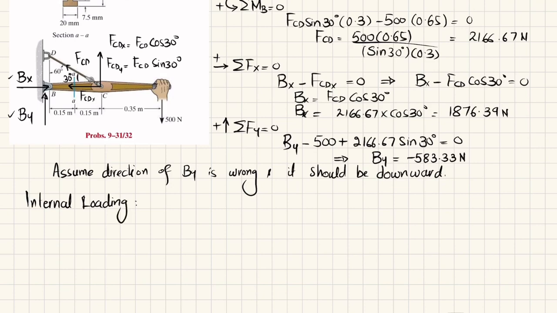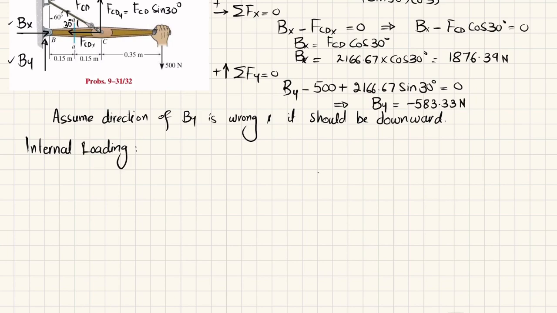So when you section it at this point, this is section AA, and the beam will be like this, not like this. It will be like this.